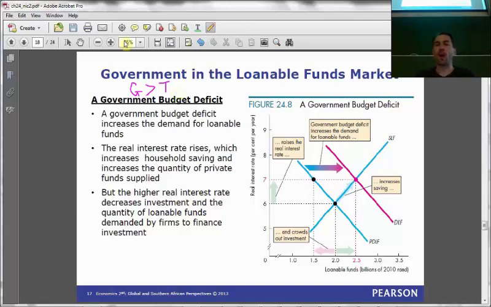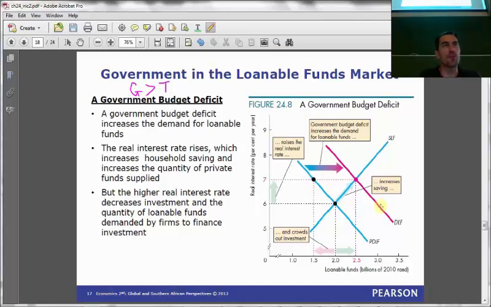If it's borrowing, it could be entering the loanable funds market and demanding loanable funds. Remember, usually we would say that demand for loanable funds is determined by investment. But if government is spending more than it's getting in revenue, it will also be entering the loanable funds market and demanding loanable funds.